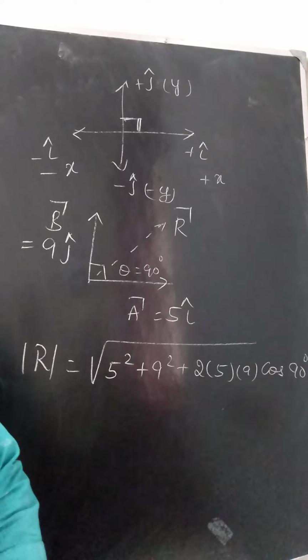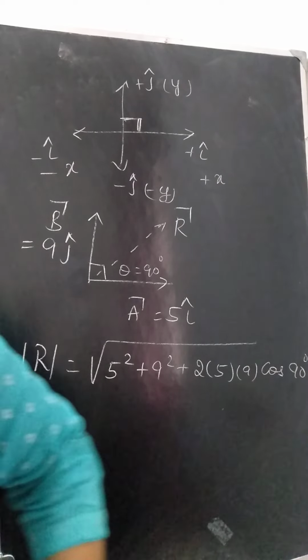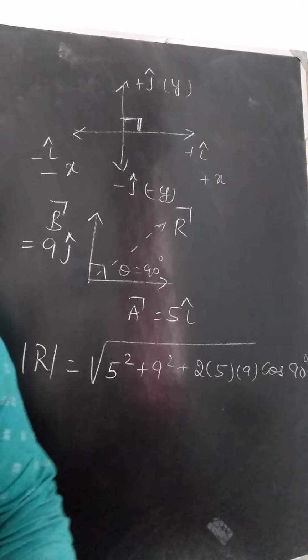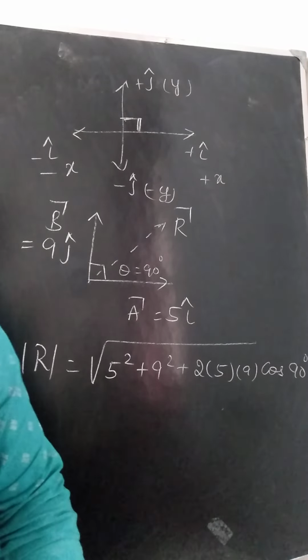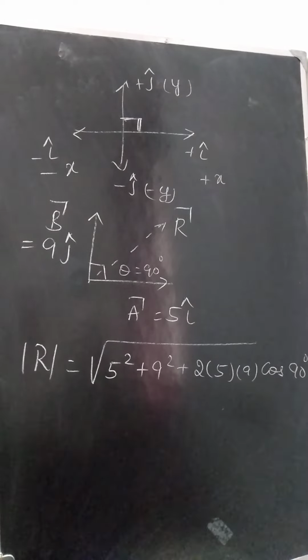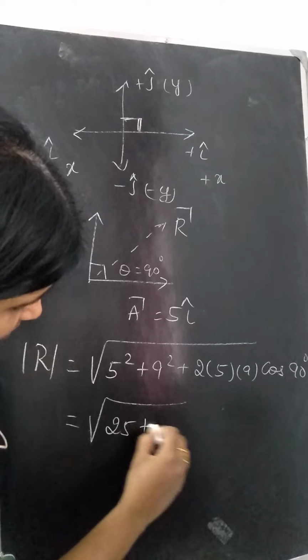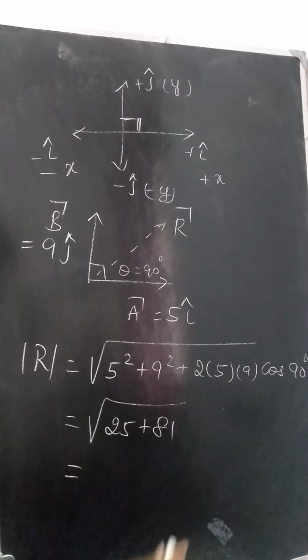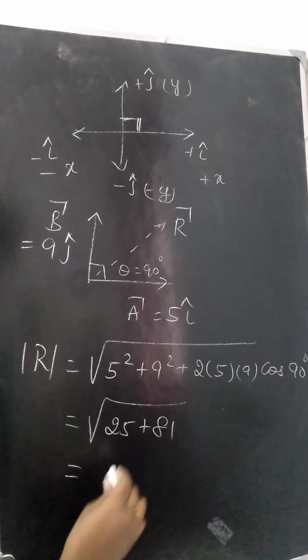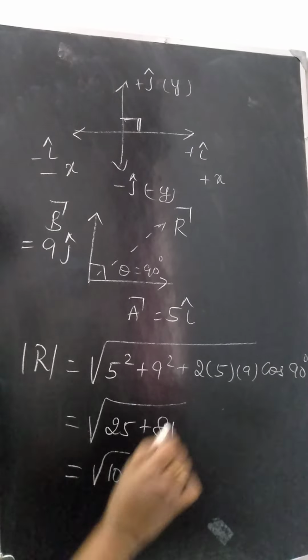Cos 90? 0. Okay? So cos 90 is 0. If cos 90 is 0, what will you get? 25 plus 81, only that is my resultant vector. That is 106, so root 106. Sure?